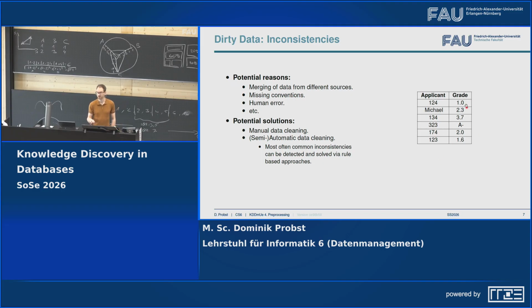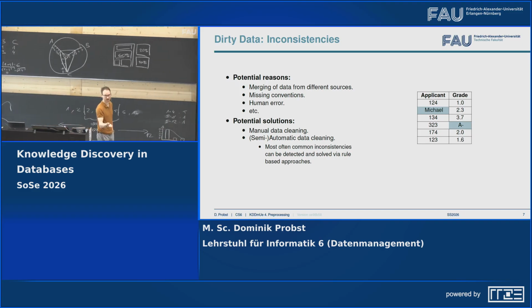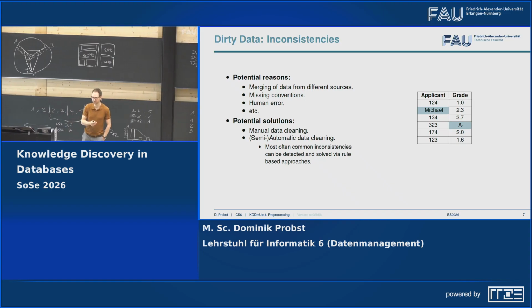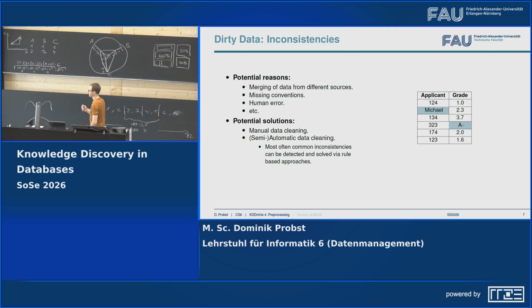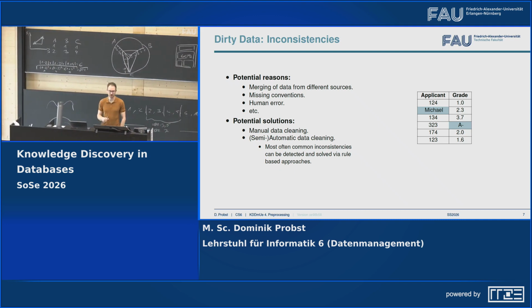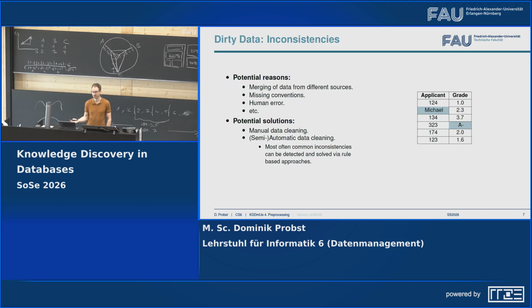That's inconsistent. We have numerical grading and alphanumerical grading in the same column. The same is true in this column where we have a name for one applicant and an applicant number for the other applicants. These things most often result from merging data from various sources, but they also might be missing conventions or human errors, of course.